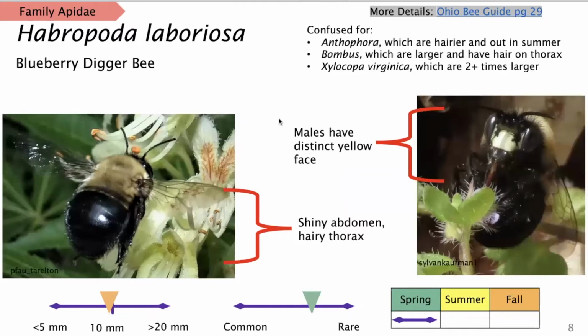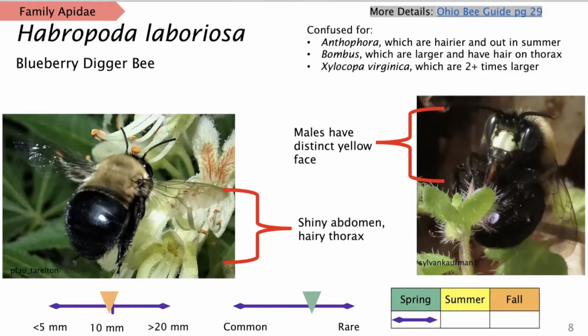Okay, now this species. So this is Habropoda laboriosa. I'm going to cover this, but we don't have any plans to ever start Shutterbee in like April, May, and that's when this bee is out. It's a primary pollinator of blueberries.